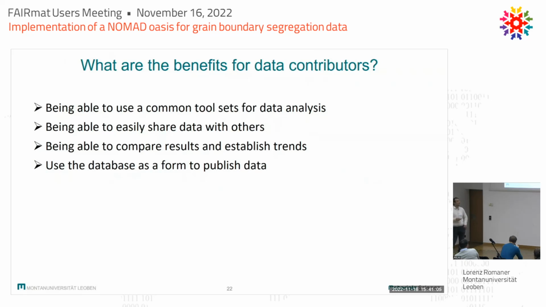I think that is a big advantage, and maybe tools that they do not have, right? They can easily share data with others. I think that also is an advantage, and one can compare results much better and see the trends, and then also maybe see the database as a form to publish data in future.